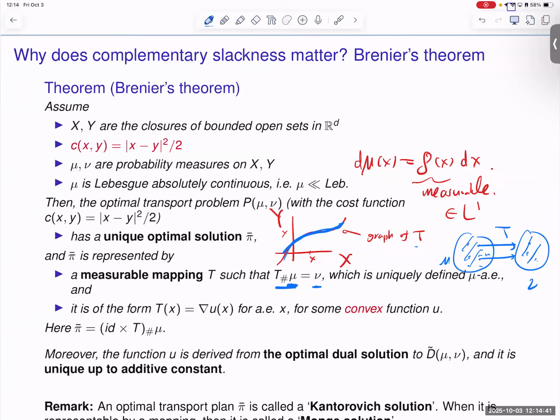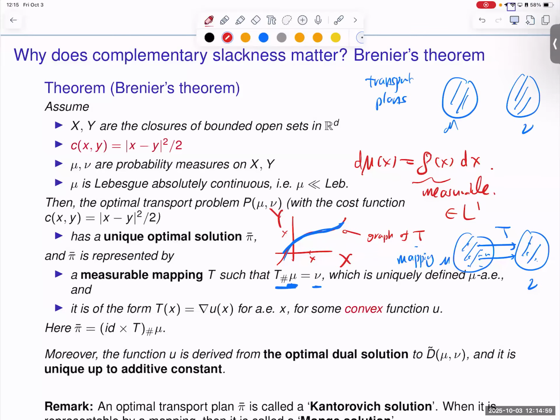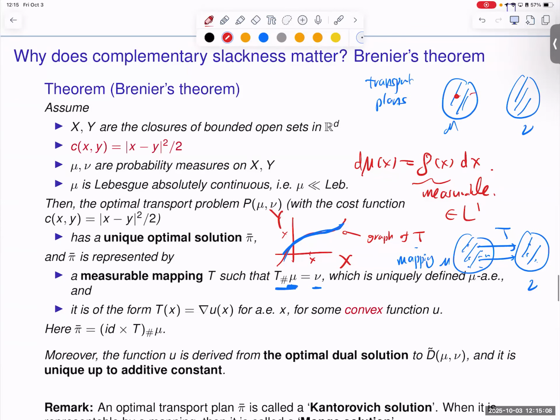This is not exactly the same as transport plans. This is a mapping. Transport plans, in general, given mu and nu, for each x don't have to provide only one target value y, but can go to several locations from one x.